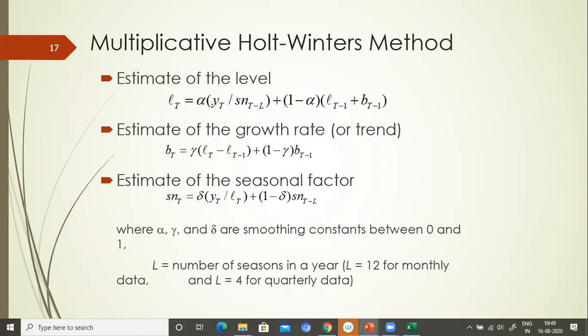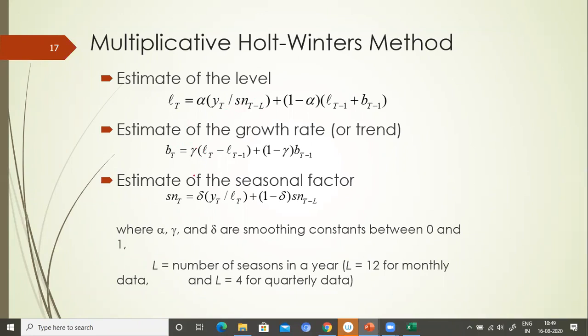It will be alpha times y t divided by SN t minus L. We'll discuss how to calculate SN t minus L, but depending on the seasonal index, the number will be deseasonalized. The deseasonalized data point will be taken into account, plus 1 minus alpha times L t minus 1, the level and the growth. This part you have seen in double exponential smoothing. In this part, the deseasonalization of data is taking place by dividing it by the index.